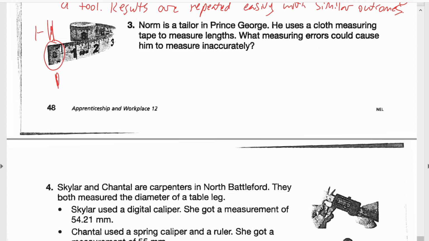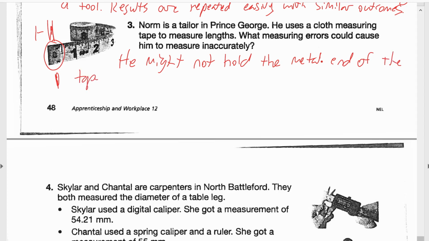So he might not hold the metal end of the tape at the correct starting point.